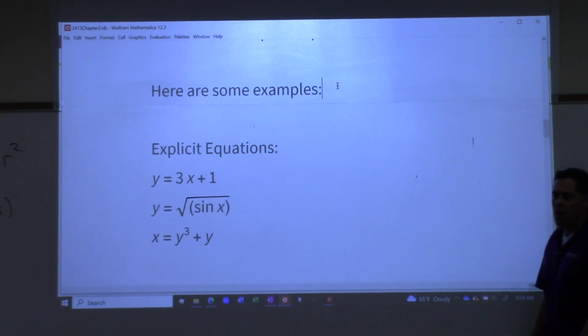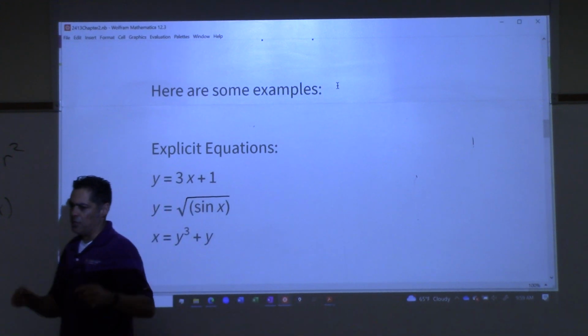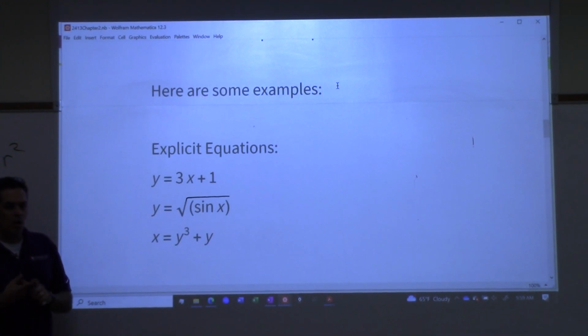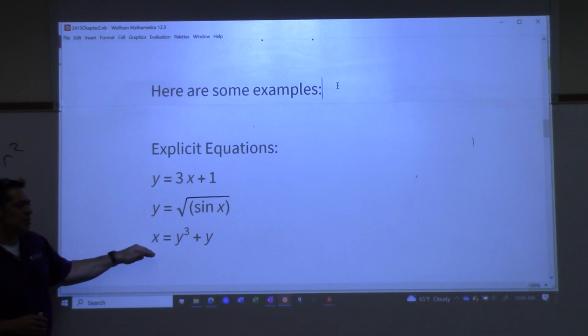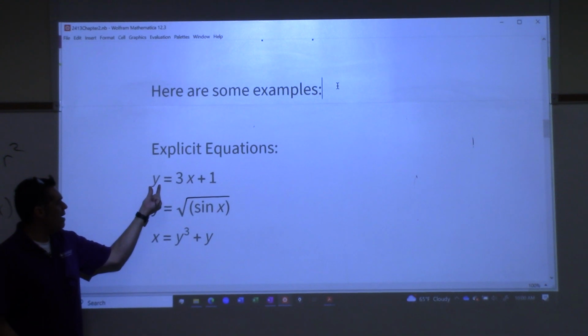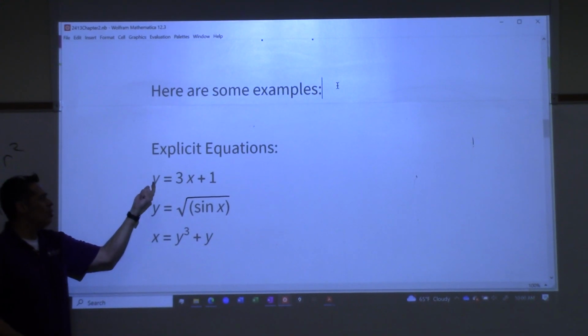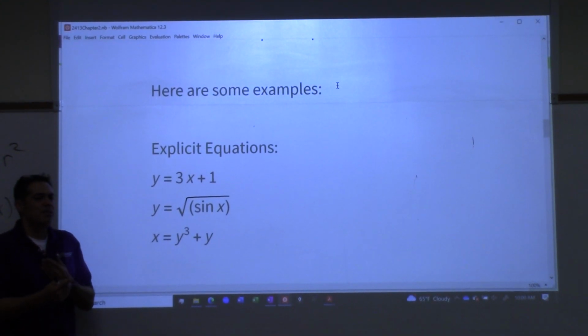What they have in common is that these are three different equations, and they all involve two variables, x and y. In each one of these, notice that you have one of the variables isolated. So here, y can be determined. If you give me x, I'll give you y. So y is explicitly known.